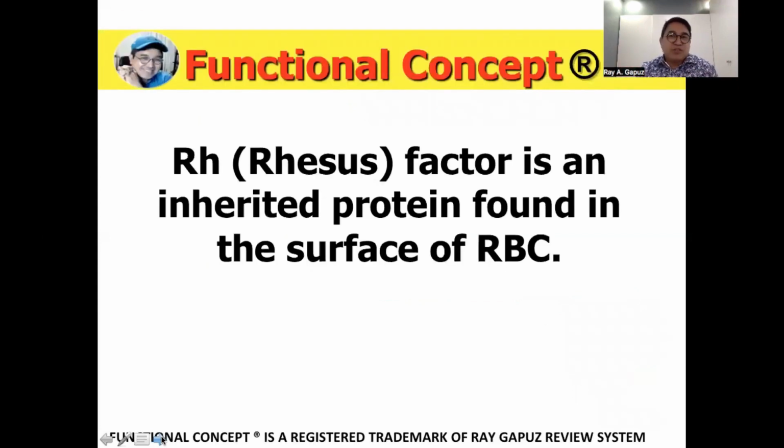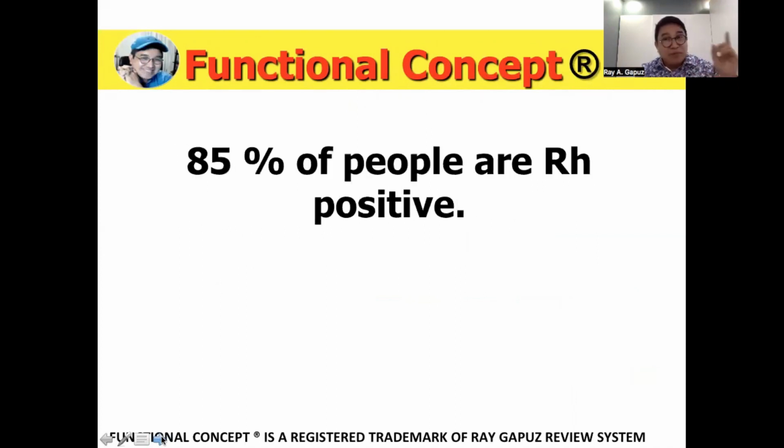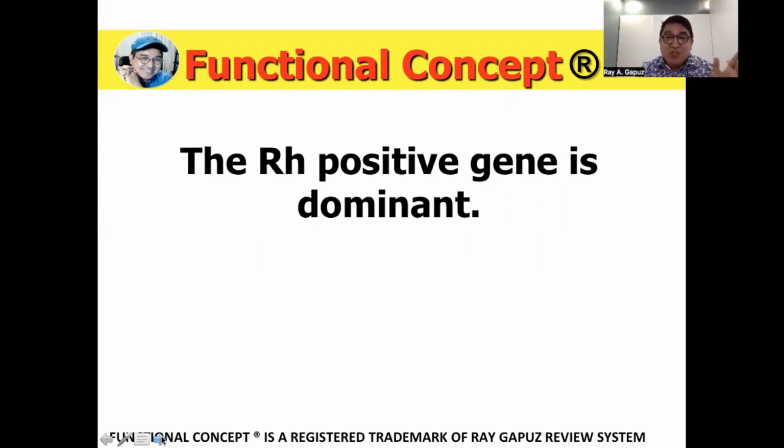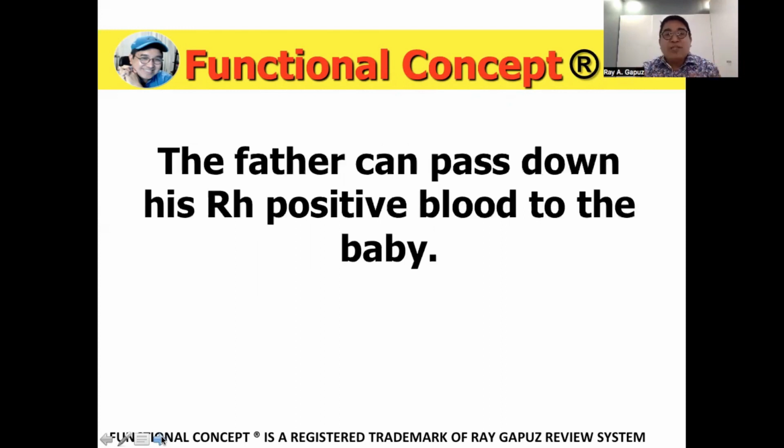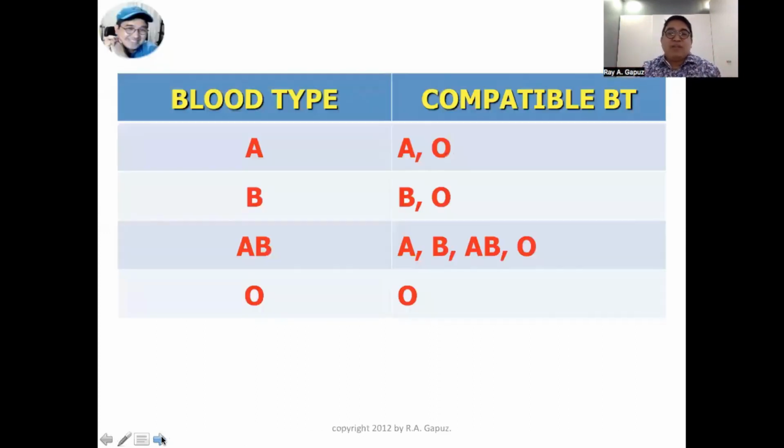So RH, or the rhesus factor, is an inherited protein found in the surface of the red blood cells. Now take note, 85% of people are RH positive. The RH positive gene therefore is considered as dominant, and usually the father can pass down his RH positive blood to the baby. Now, what seems to be the problem in RH incompatibility?